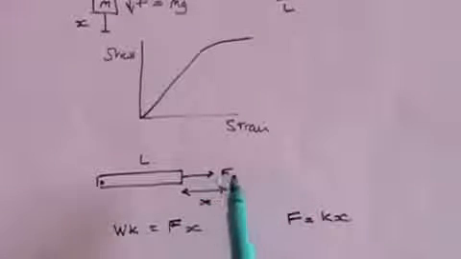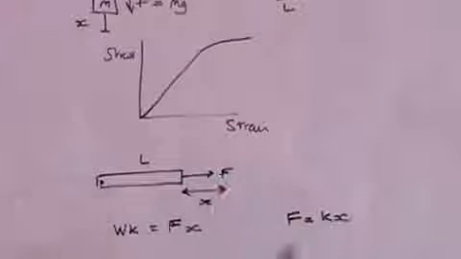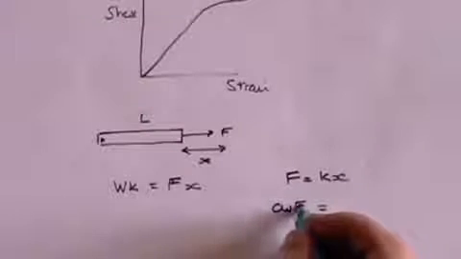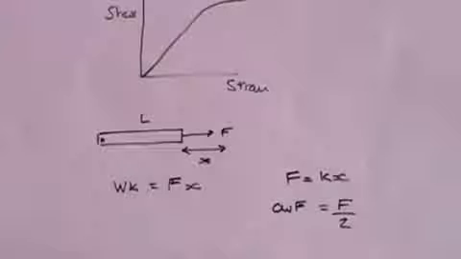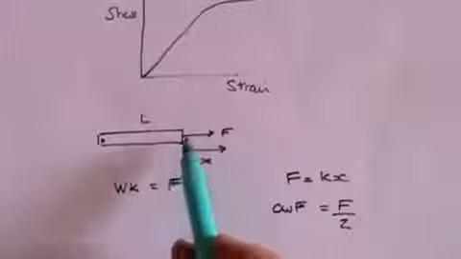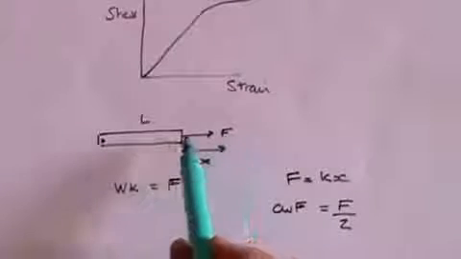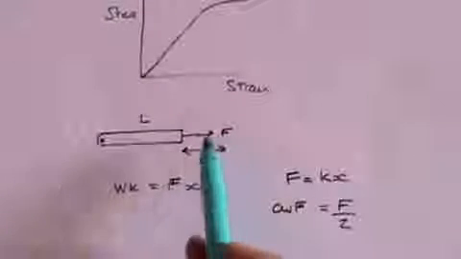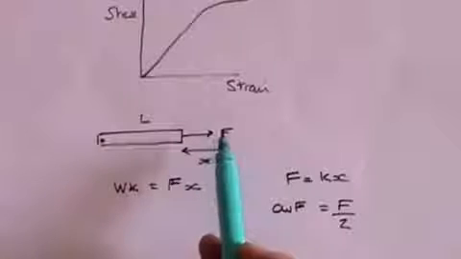So the average force that you use to go over a distance of x is equal to this force divided by 2, because it goes from 0 to the full amount of the force that you need to achieve this extension. Capital F is the force needed to achieve an extension of x, but you don't need to apply that force through the whole of the extension.